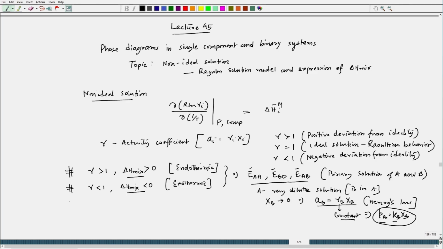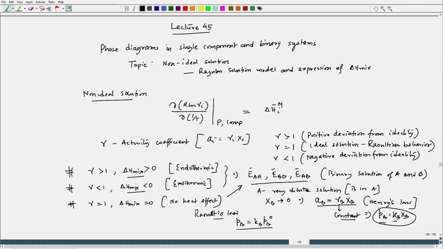And of course, if you talk about the ideal case, gamma equal to 1, that time del H mix equal to 0. So, there will be no heat effect. And that is also related to this, because that time it will follow Raoult's law. And Raoult's law is basically P b equal to x b P b naught. So, that is the kind of Raoult's law we have talked about.